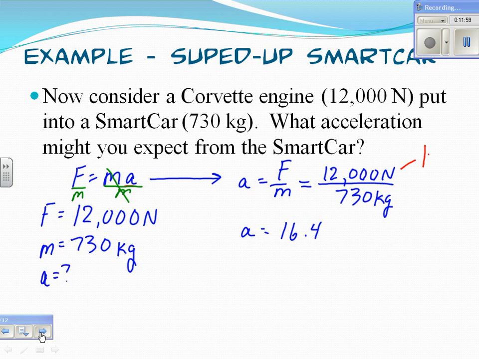A newton is a kilogram meter per second squared divided by kilograms. So here, the kilogram part will cancel with kilograms on top, leaving for us just meters per second squared, which is a very good unit for acceleration. So that gives us confidence that we did it right because we came up with the units that we should expect.